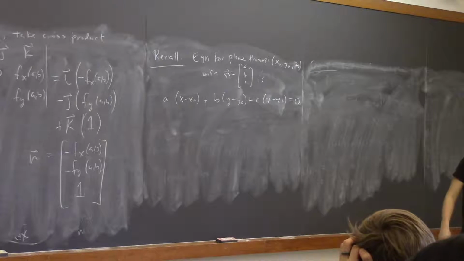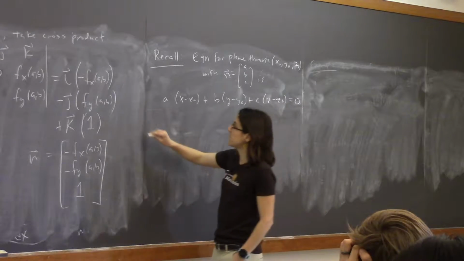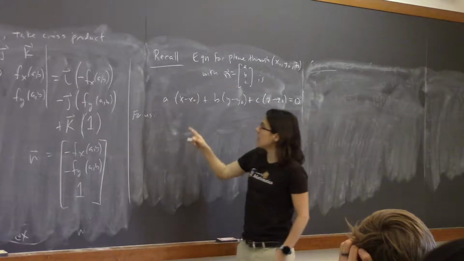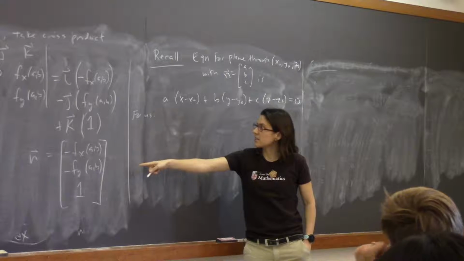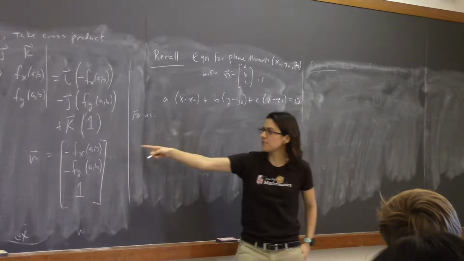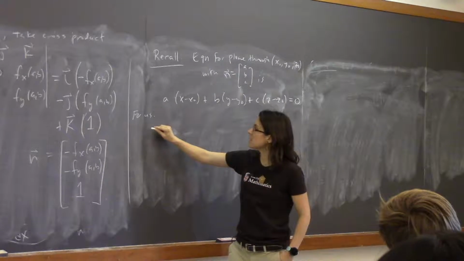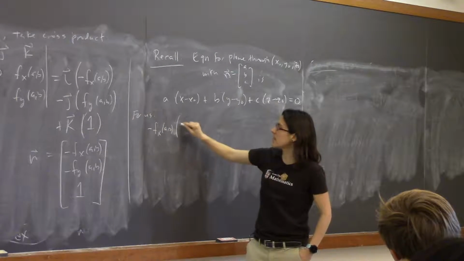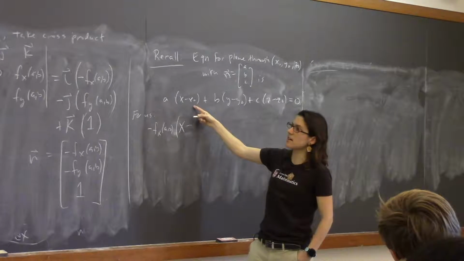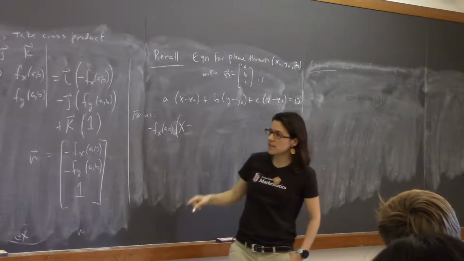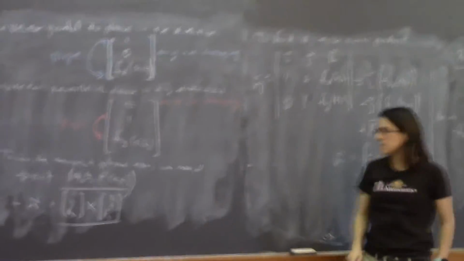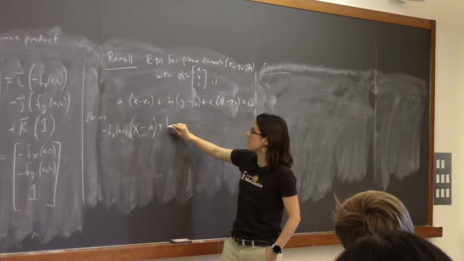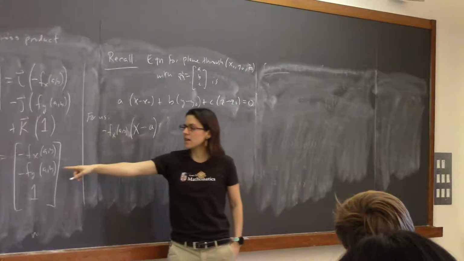Okay, so we have used this. And let's now plug in. So for us, we use our normal vector here. So A is the first component here. So minus partial with respect to x evaluated at AB, that's our A, times x minus whatever our x naught is. And our point is A comma B comma f of AB. So this is just A. Plus B, our B is the second component here.